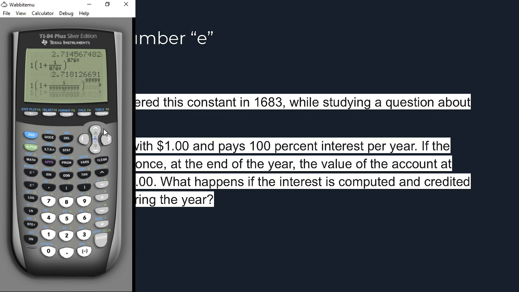Well, let's see. Oh my goodness, look how close it is. It is now only increasing by about 0.00016. Wow, that is not much.